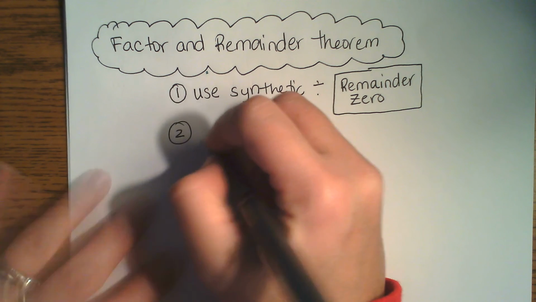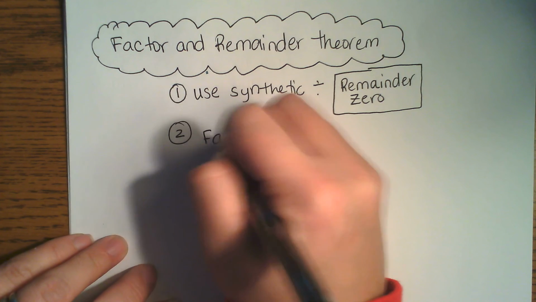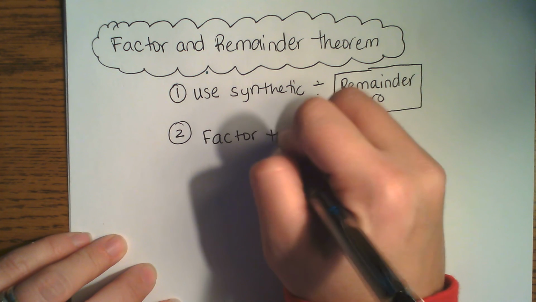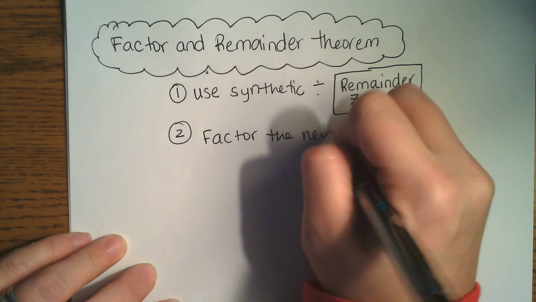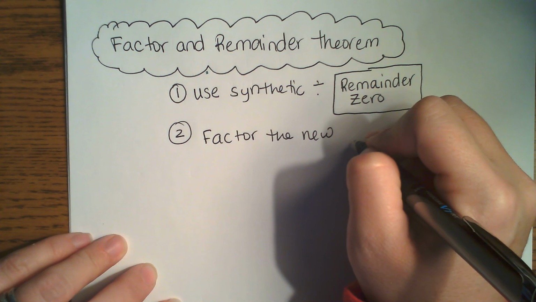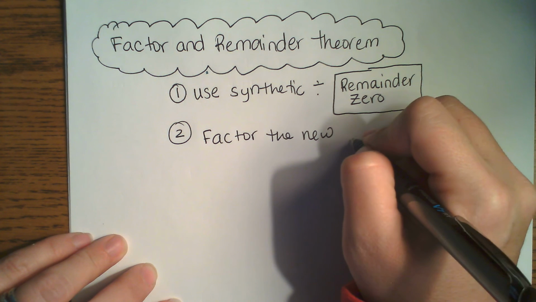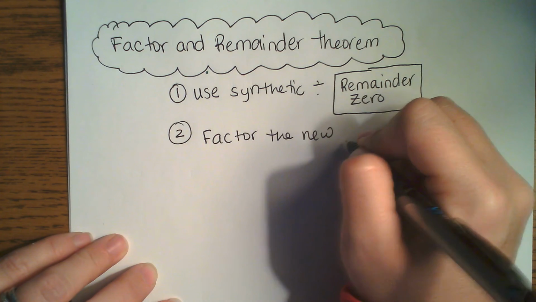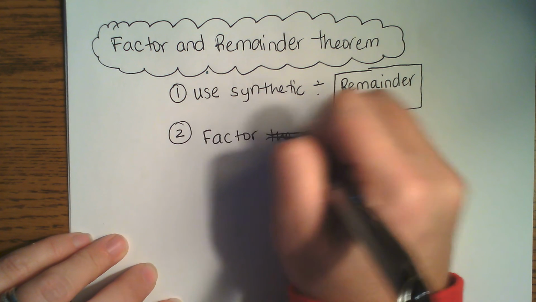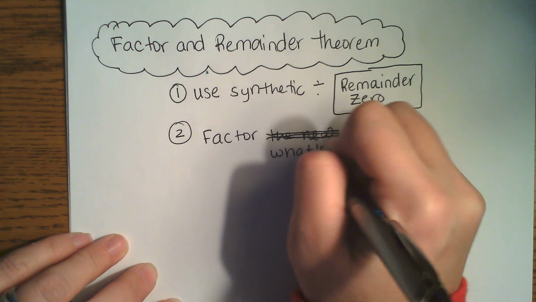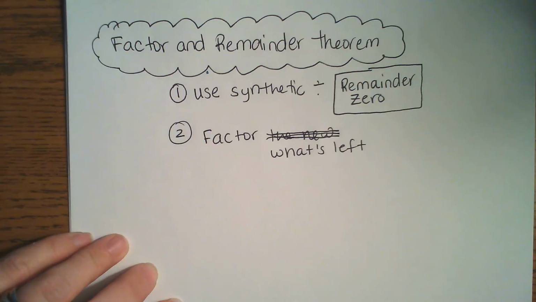After you use synthetic division, you're going to factor the new trinomial, the new factor, what's left. Factor what's left using the X method.